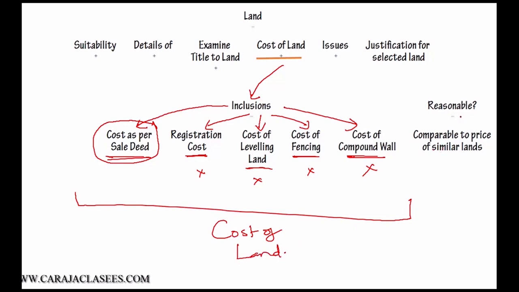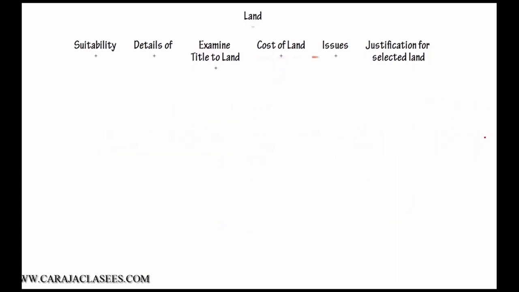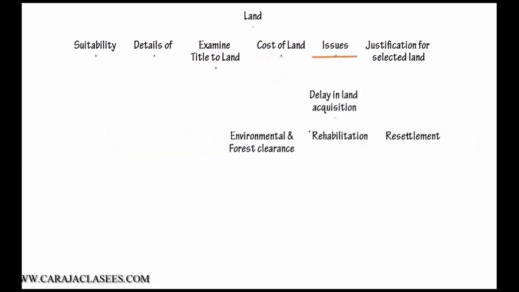And in the proposal, you have to comment whether the cost of land is reasonable or not by comparing it with the price of similar lands. Then come issues. There can be issues or delay in land acquisition, maybe because of environmental and forest clearance, or maybe because of rehabilitation or resettlement.